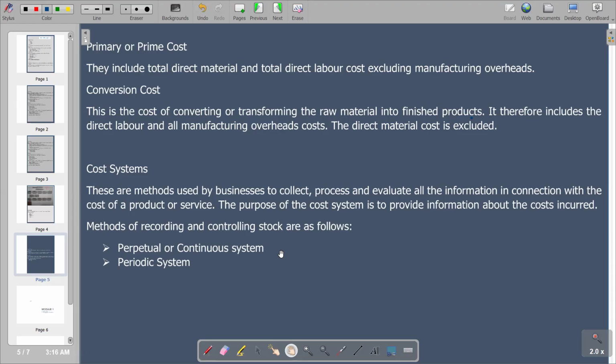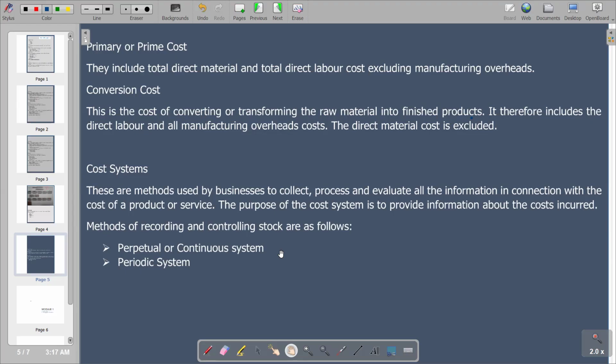But when we're talking about periodic, it's presented after a certain period, mainly at the end of the financial period. When we're talking about evaluation of inventory, the cost of that inventory can only be valued at the end of the financial period when the physical stock taking is undertaken. So basically, these are the differences that we have in terms of perpetual and periodic.